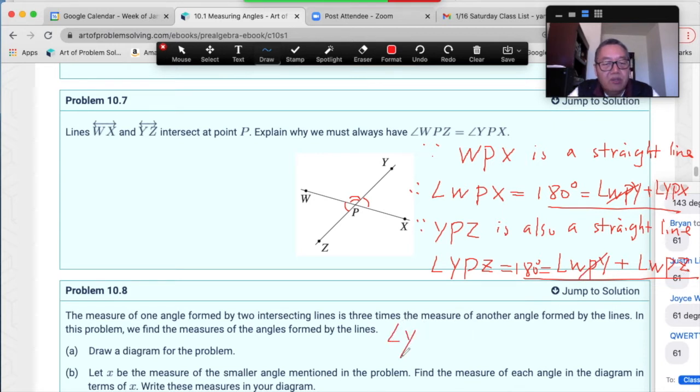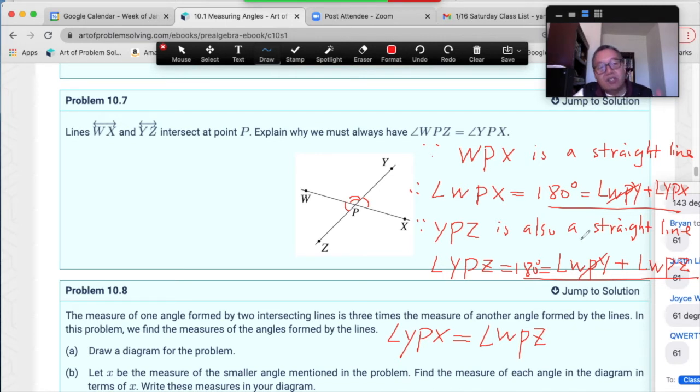The angle YPX should always equal WPZ, right? This angle plus this angle equals 180 degrees. This one plus this also equals 180 degrees. Therefore, these two angles should always be equal. Otherwise, that's not possible.